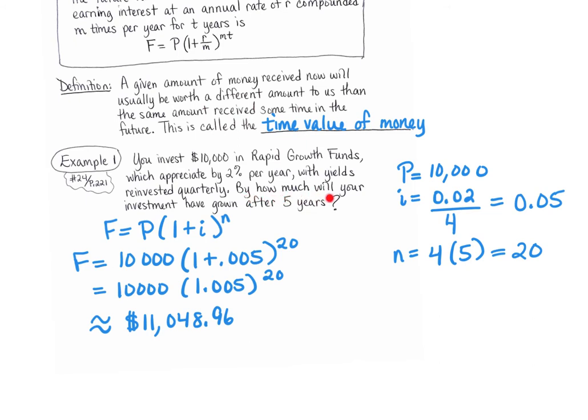It said, by how much will your investment have grown after 5 years? Let's make sure we answer that question. We have to take this amount and subtract 10,000, and that result will be our answer.